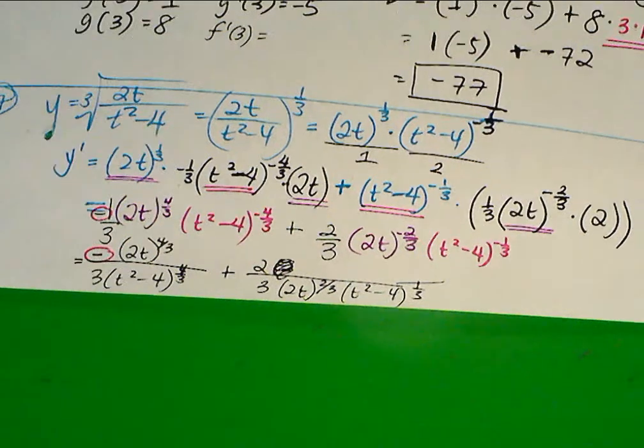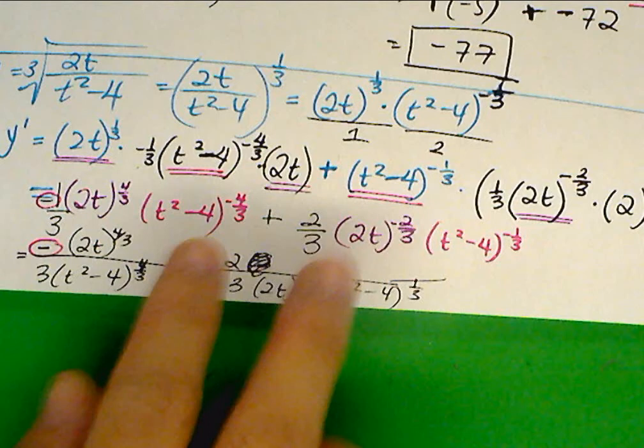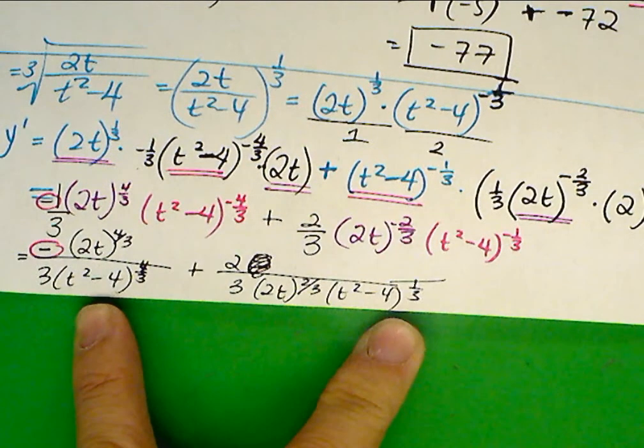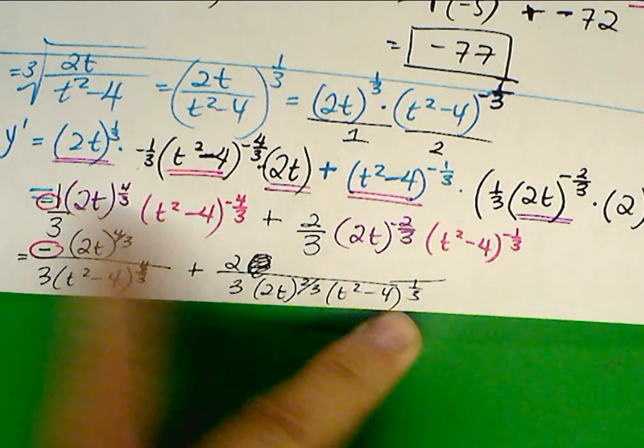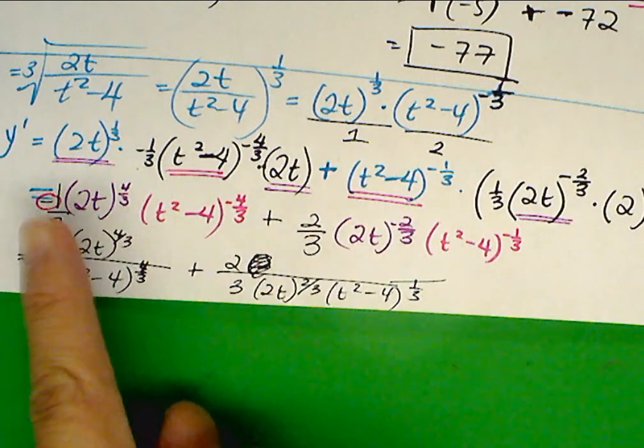So that tells me that I can take out, like you guys said, it's weird to have it on the top and the bottom, huh? Like here we could obviously take out 1/3, t squared minus 4 to the 1/3. But then what about the 2t? So if I take it out of here, how much did they end up taking out?